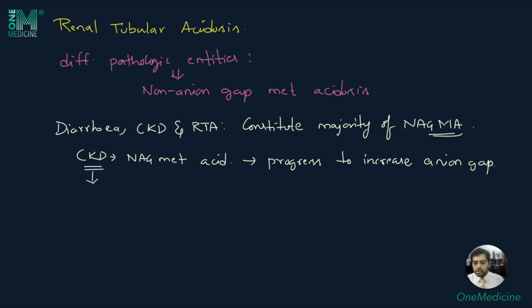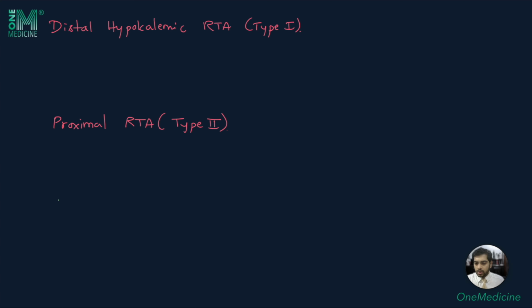In patients with CKD, where distal part of the nephron is affected, acidosis develops very fast and early. There are three important types of renal tubular acidosis. The first one is distal hypokalemic renal tubular acidosis, also called type 1 renal tubular acidosis, proximal renal tubular acidosis or type 2 renal tubular acidosis, and type 4 renal tubular acidosis.